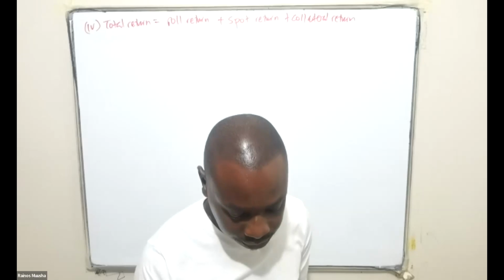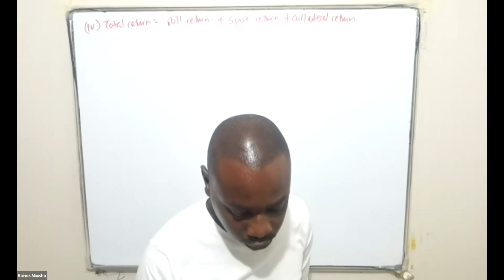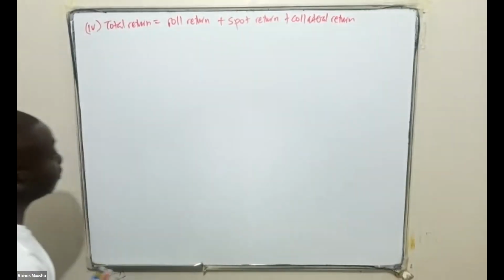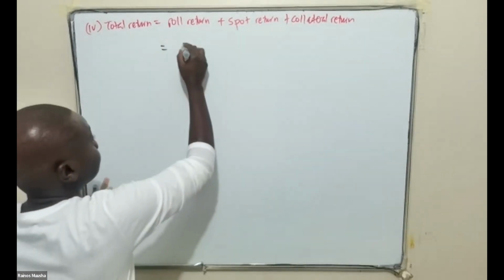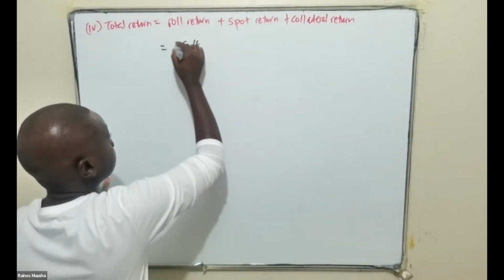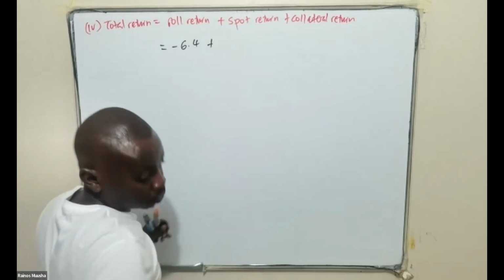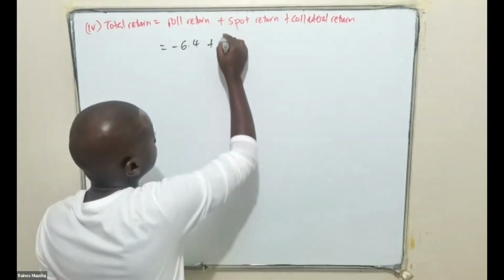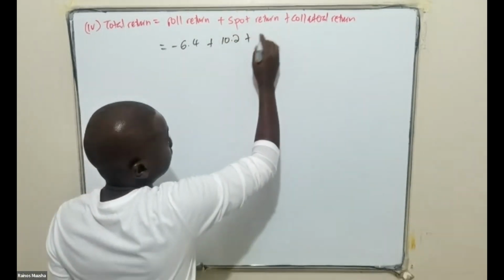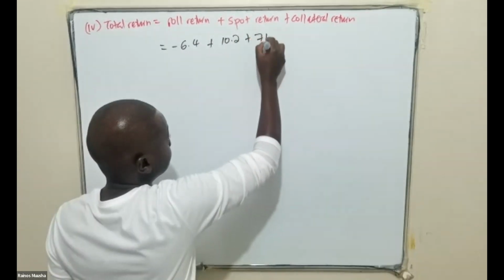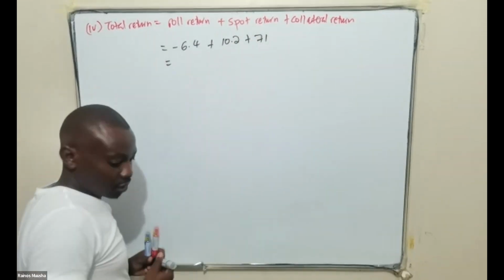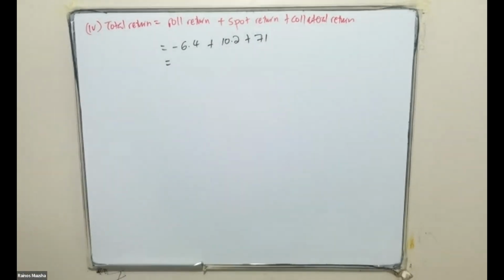So given this information, we're just going to be plugging in that information. So it's minus 6.4, because it's a negative 6.4, plus your spot return, which is 10.2, plus your collateral return, which is 7.1. So given this information, how much would you get as your total return effect?